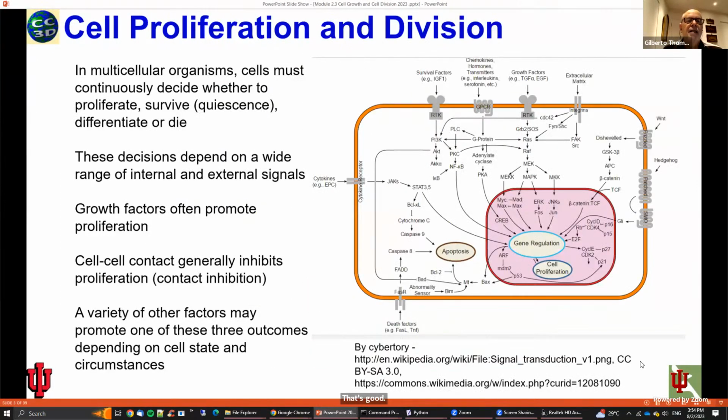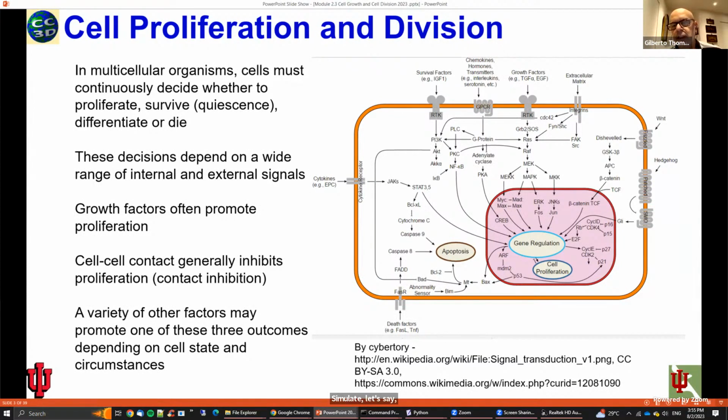If you want to have a multicellular organism, you have to have your cells proliferating and surviving, differentiating, or dying. I mean, there is a bunch of cell behaviors that you have to take into account to simulate, let's say, a multicellular organism.